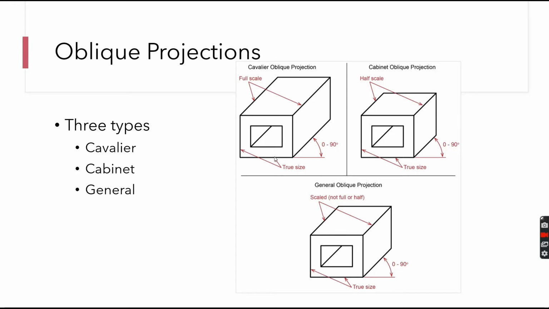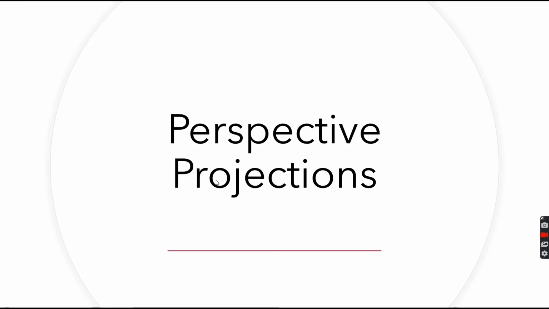It's drawn right to scale, the true size. On a cabinet oblique, the difference is back here, and you'll see this is probably a little distorted if you make this full scale. This is half scale. Here it's scale, but it's not full or half. It can be either one.